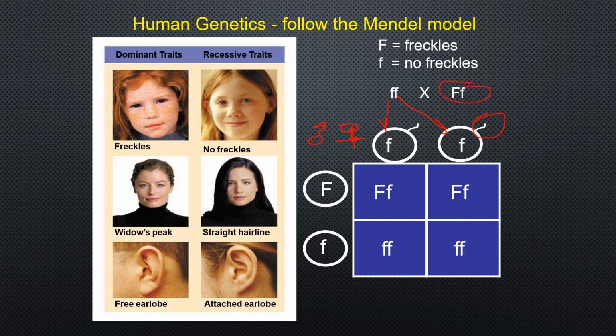And then mom is going to add a dominant allele and a recessive allele. When we look at the Punnett square for that, we have freckles, freckles, no freckles, and no freckles. So a 1-to-1 phenotypic ratio. In other words, half of the offspring would have freckles and half would not.